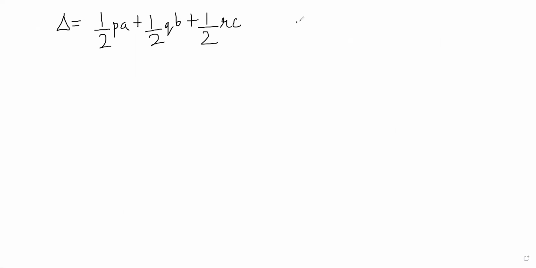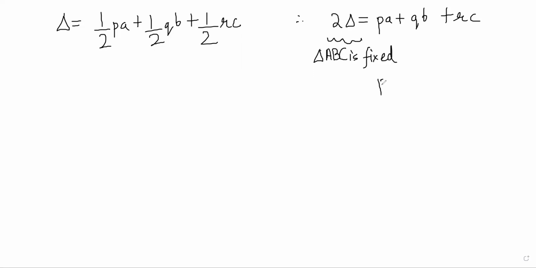Now, therefore, 2 del is equal to PA plus QB plus RC. So now, since triangle ABC is fixed, we know that PA plus QB plus RC is a constant value, because the area of the triangle is fixed.